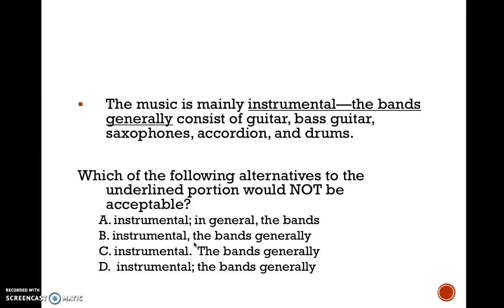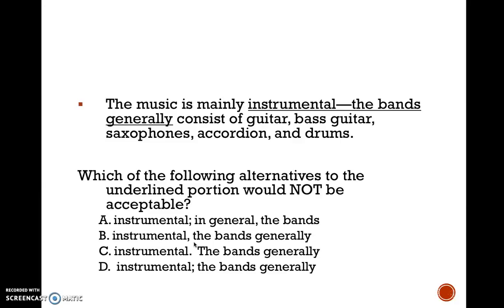So we could put a period there, right? It's a complete sentence. Are any options using a period? Yes, C has a period, so it is correct. What other punctuation mark works a lot like a period? A semicolon. So A and D both have semicolons.